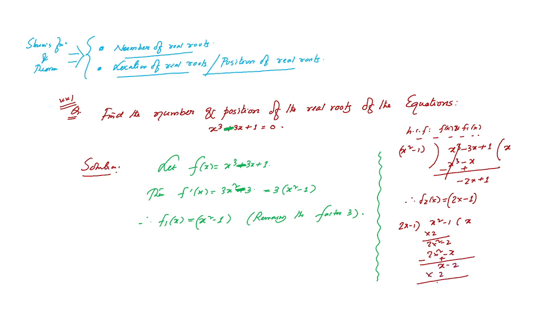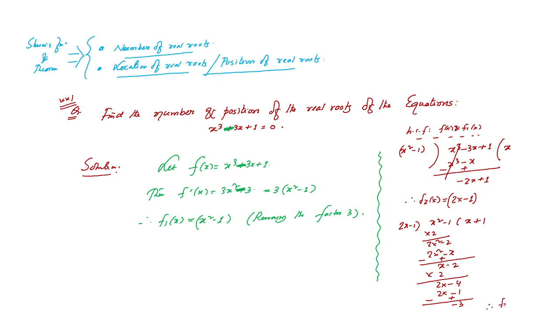Again multiplying by 2, we get 2x plus 4. Subtracting 2x minus 1, the remainder is 5.